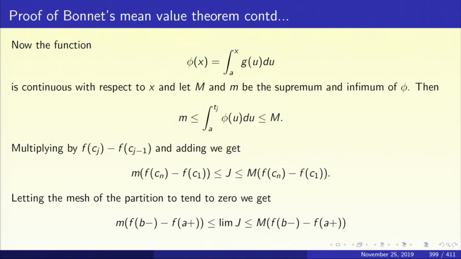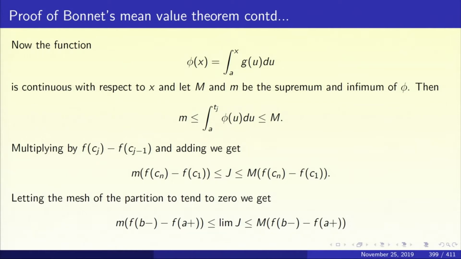This is a continuous function with respect to x, and let little m and capital M be the infimum and supremum of phi. Then what happens? Little m is less than or equal to phi at t_j, which is less than or equal to capital M, and multiply by f(c_j) minus f(c_{j-1}). Here again we are using the monotonicity.